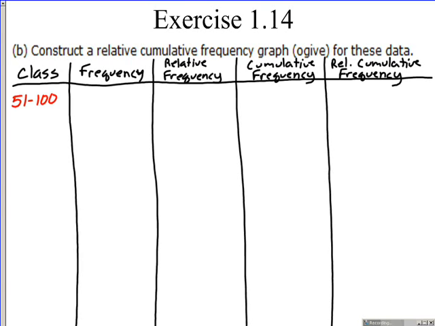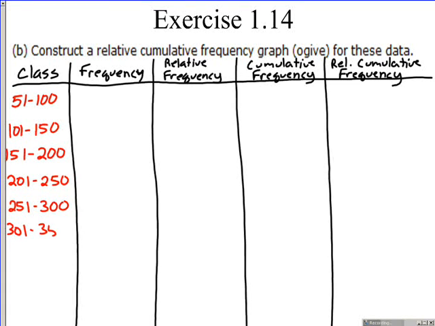So let's go 51 to 100, 101 to 150, 151 to 200, 201 to 250, 251 to 300, 301 to 350, and 351 to 400. Go through and count how many end up in each one of those classes.